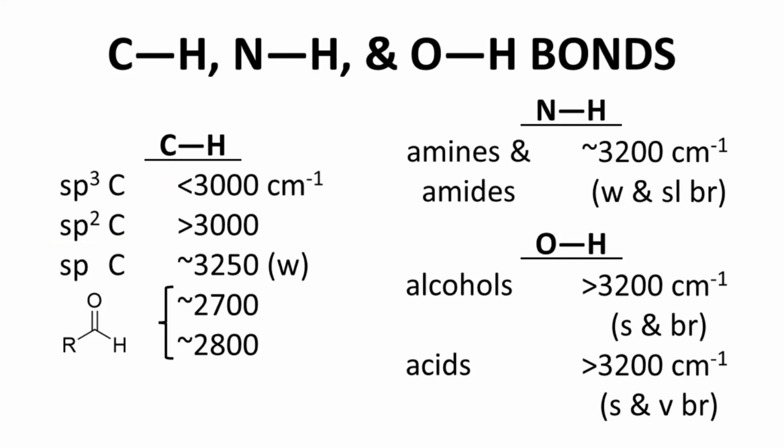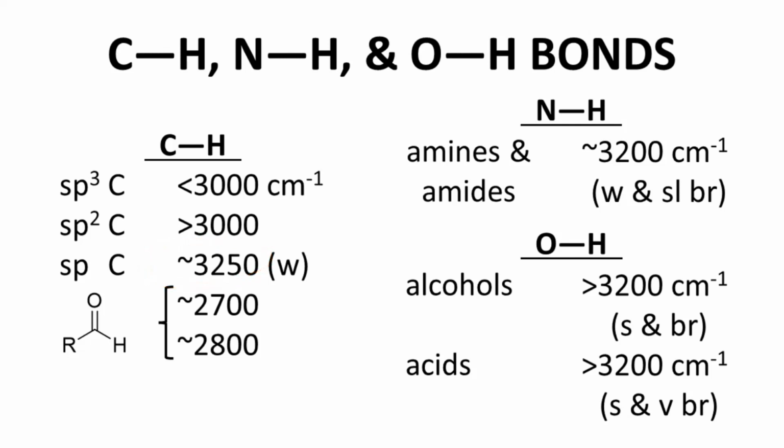These absorbances appear near 3,000 wave numbers, just above 3,000 wave numbers. So when you see signals in this region of 3,000, you can quickly determine whether you have sp2-CH bonds or sp3-CH bonds. sp-hybridized CH bonds are different and show up around 3,200 to 3,300 wave numbers.